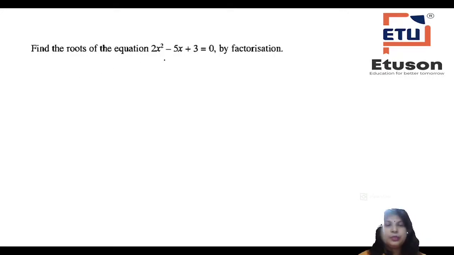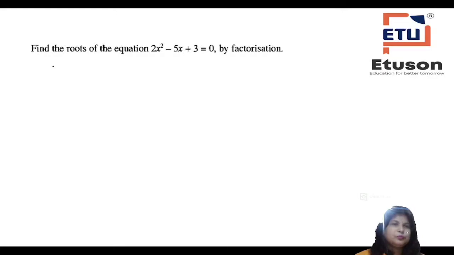You will make sure that the sum of the terms by which you are splitting the middle term should be equal to minus 5x and the product should be equal to 2x square into 3, that is 6x square. So in that case, how are you going to split minus 5x? It should be minus 2x and minus 3x, correct or not?